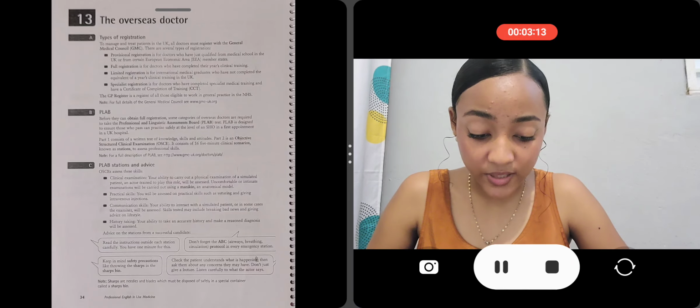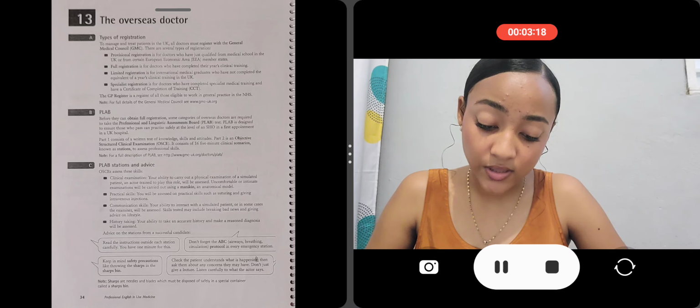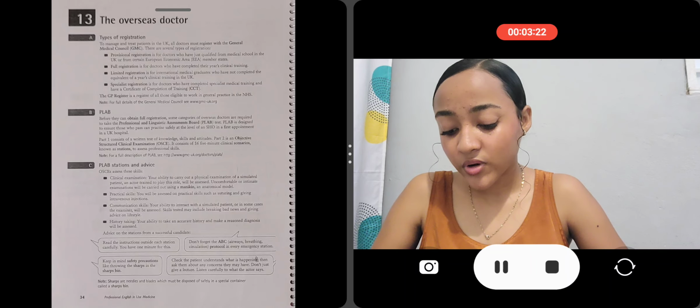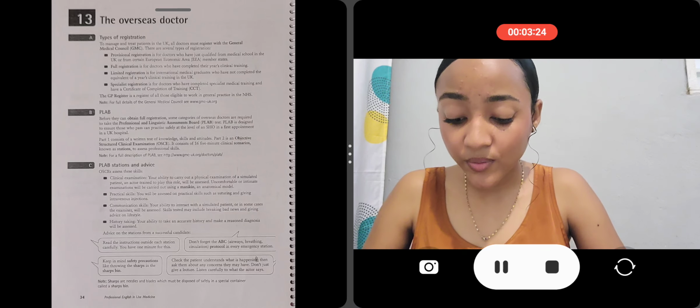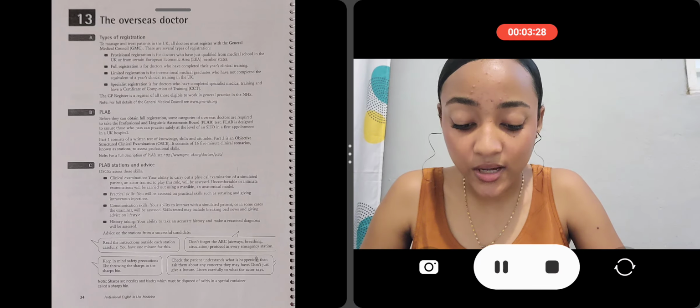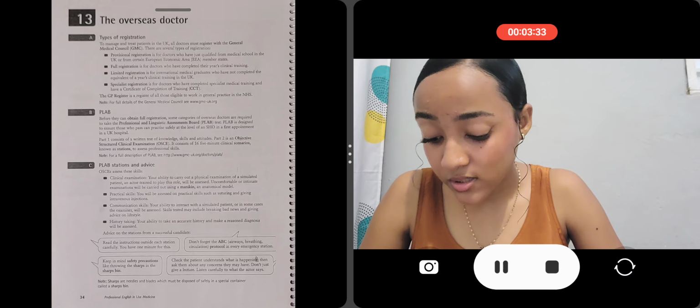Uncomfortable or intimate examinations will be carried out using a magnetic anatomical model. Practical skills: you will be assessed on practical skills such as suturing and giving intravenous injections.